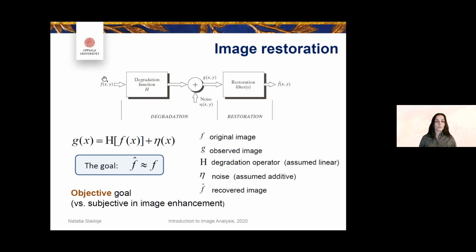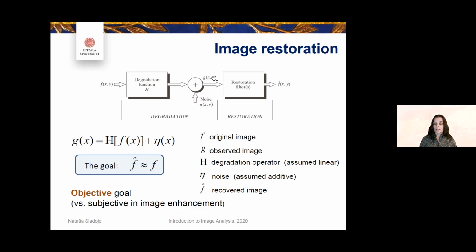Then we can model this degradation process, saying that our, let's call it, original image, the ideal one that would perfectly represent the real scene that we are interested in, is subject to some degradation during the acquisition process. This degradation function is denoted by H. And after that, there is some added noise to this whole system.